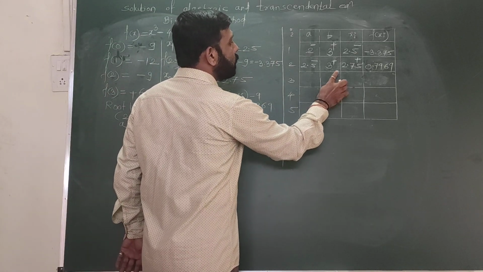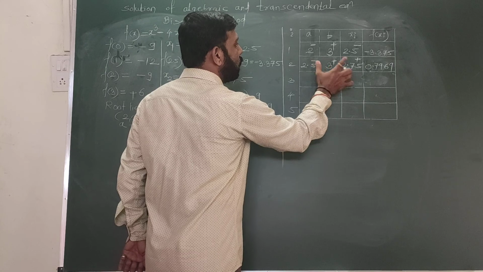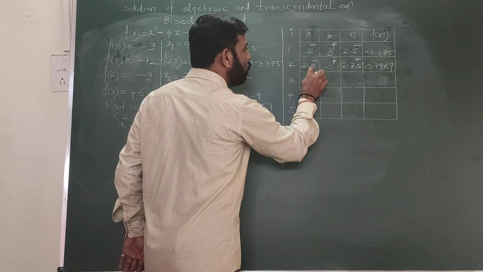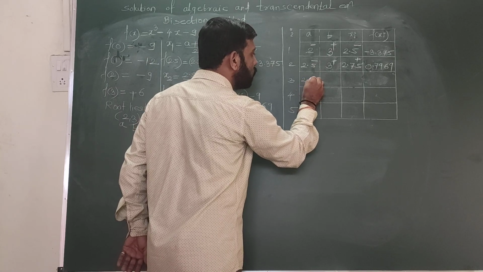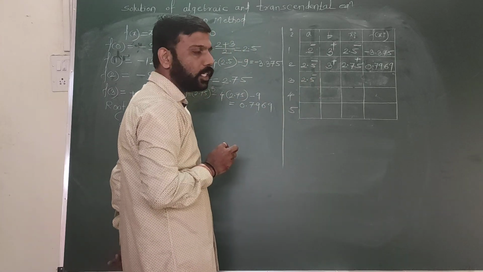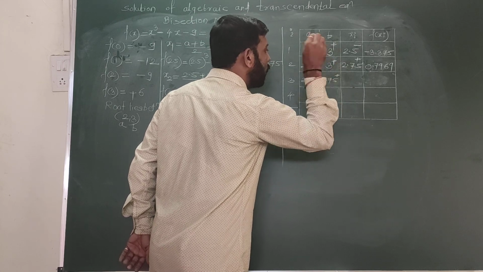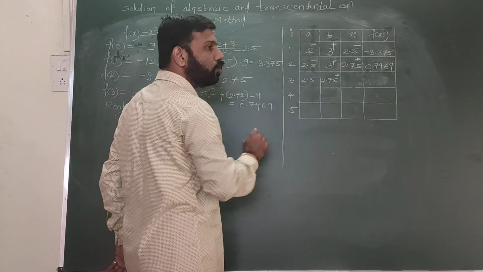Now the next interval is plus minus. We consider opposite signs. First 2.5, which is the smallest, so we consider it first, and 2.75 the largest, in between these two.